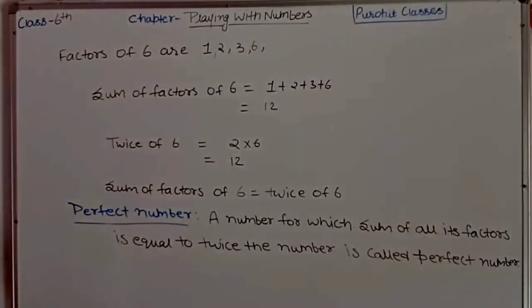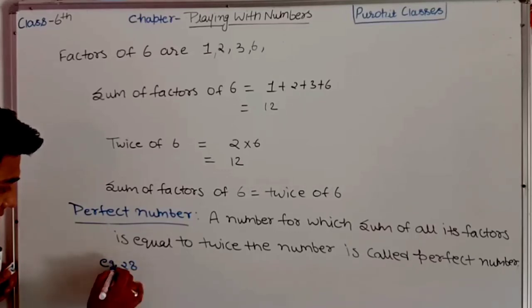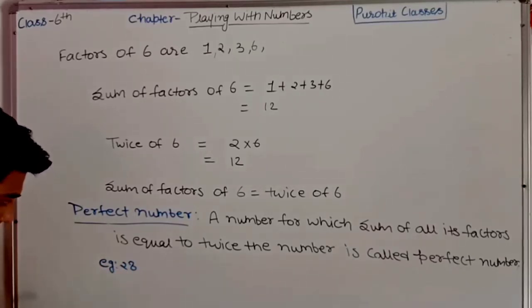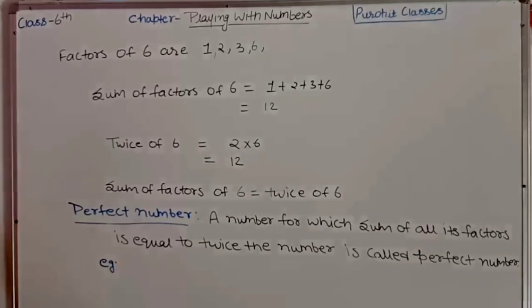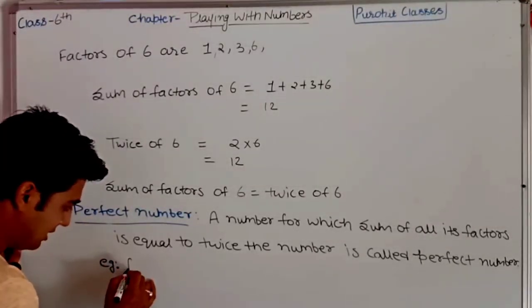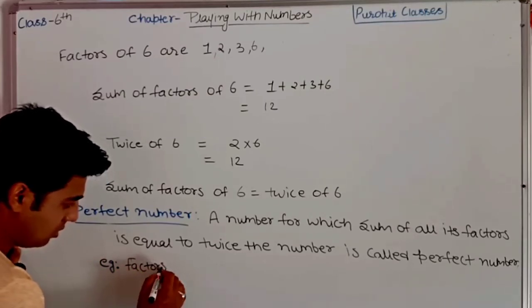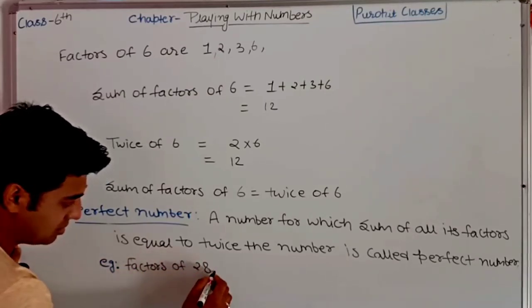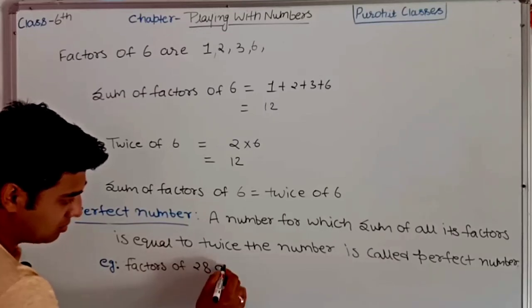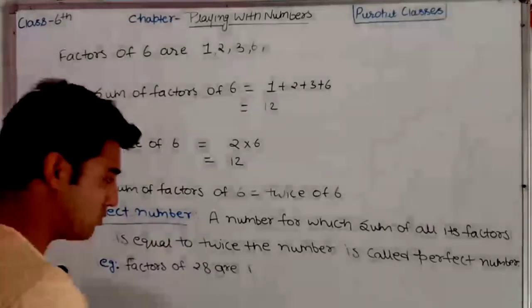Understood? One more example of 28 we can check here. Let us see whether it is a perfect number or not. Factors of 28 are 1, as 1 is a factor of every number, and 28 itself.